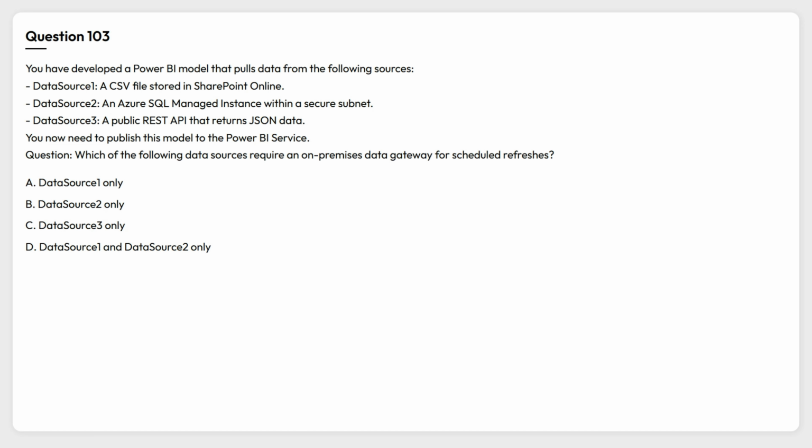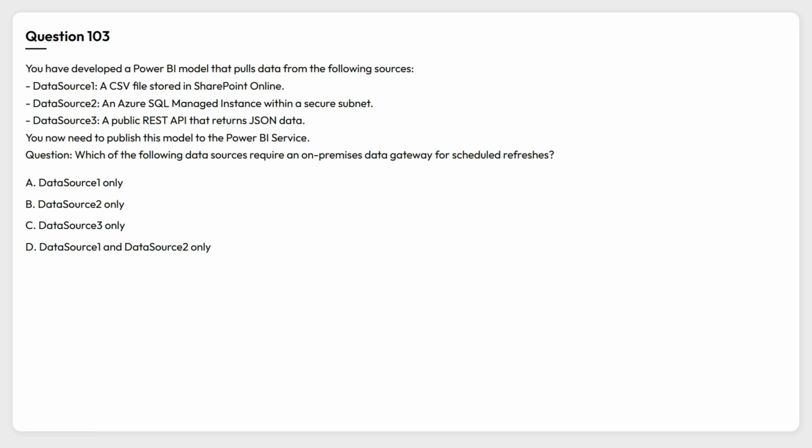Question number 103. You have developed a Power BI model that pulls data from the following sources: Data source 1, a CSV file stored in SharePoint Online. Data source 2, an Azure SQL managed instance within a secure subnet.